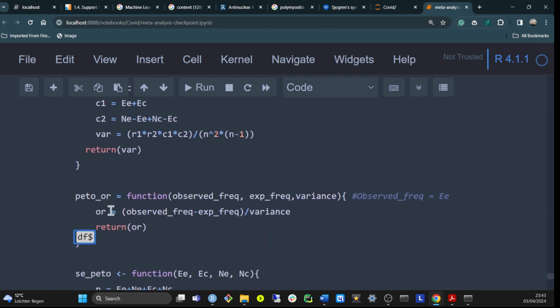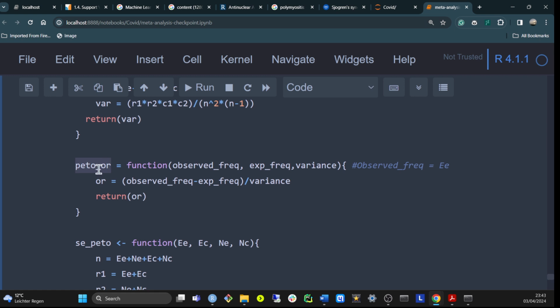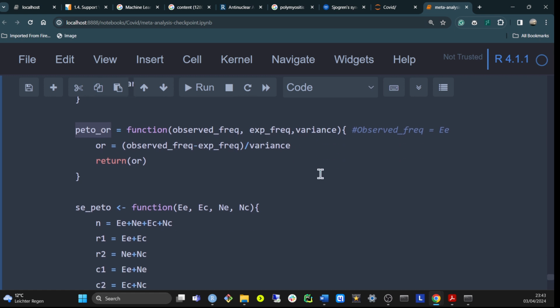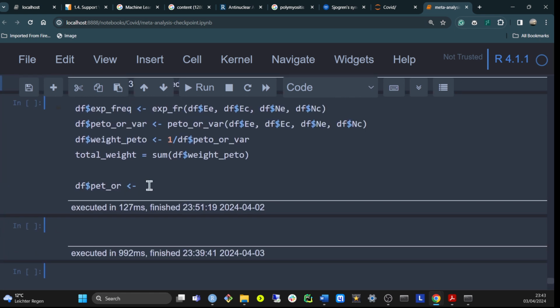Let me take that out, and then I simply exponentiate, so I get the lower confidence interval. For that I need the pooled log odds ratio minus 1.96 times the standard error. The standard error, I already said, is calculated by this.